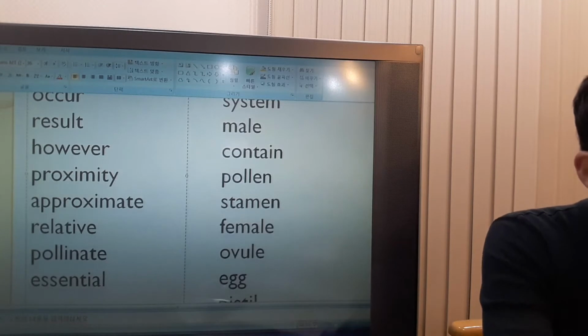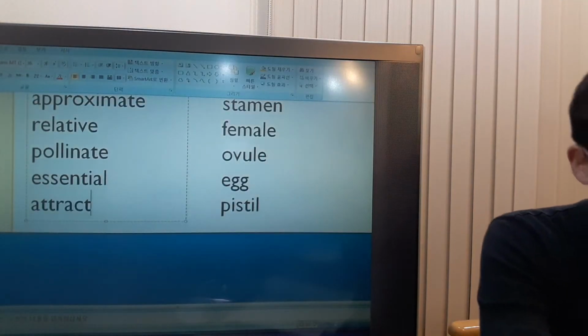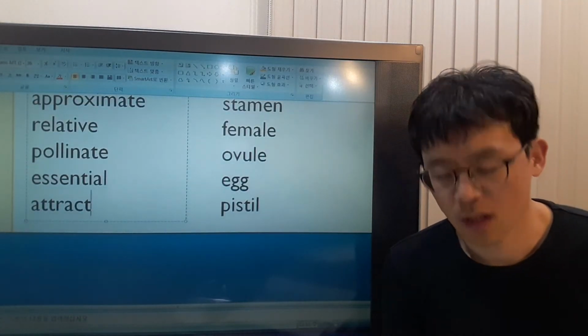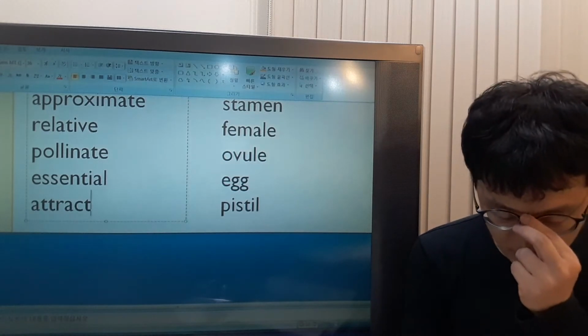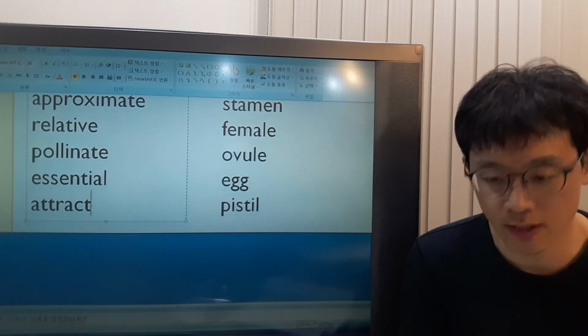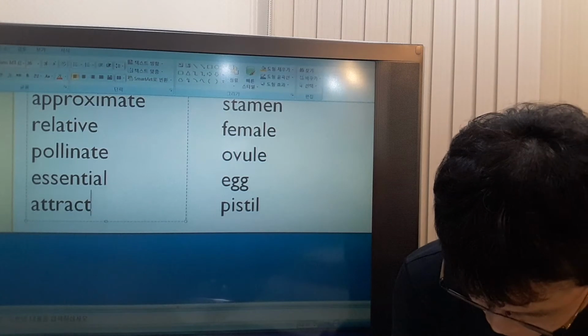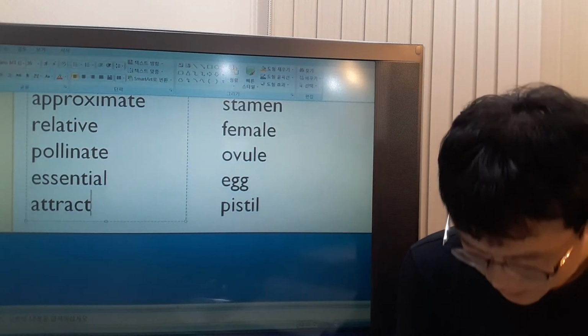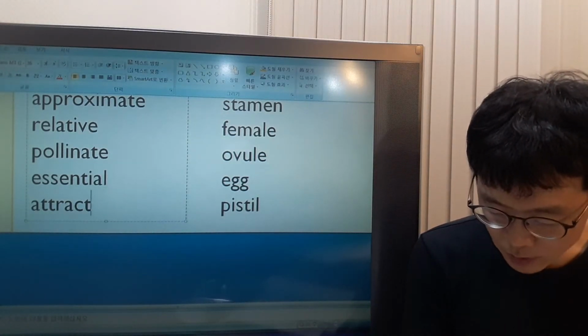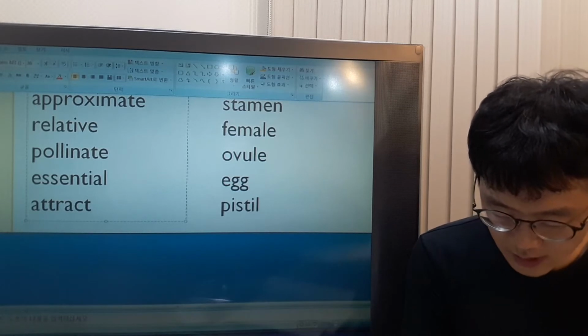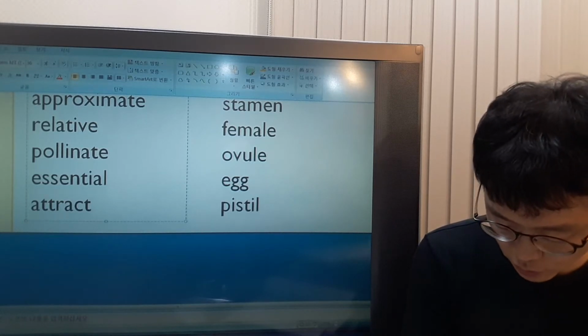What does attract mean? Attract means make something come to it. You understand? These animals can all pollinate plants and therefore enable them to reproduce. Okay?